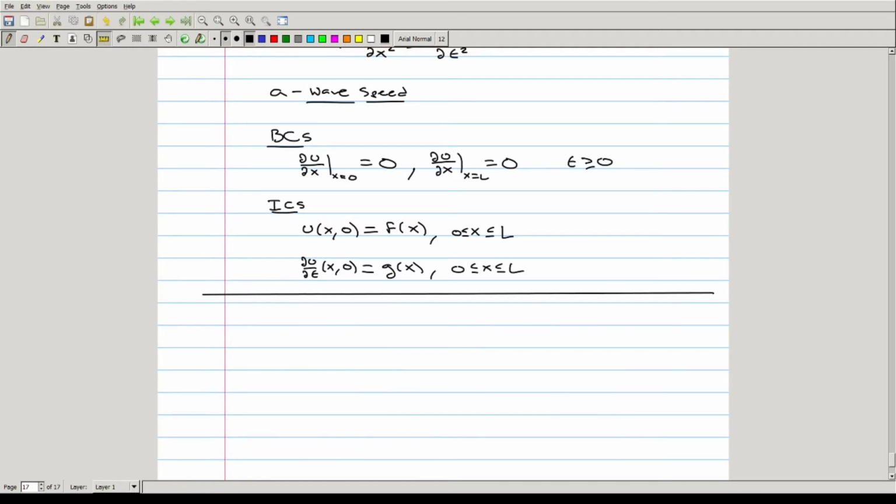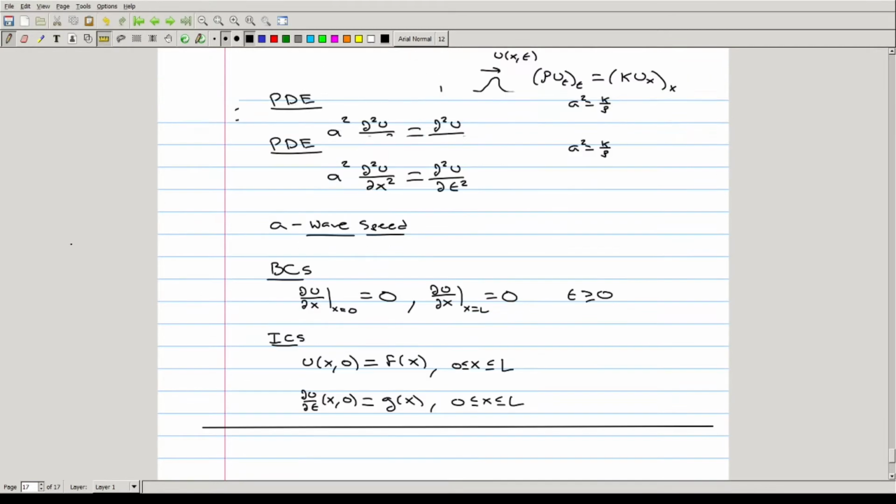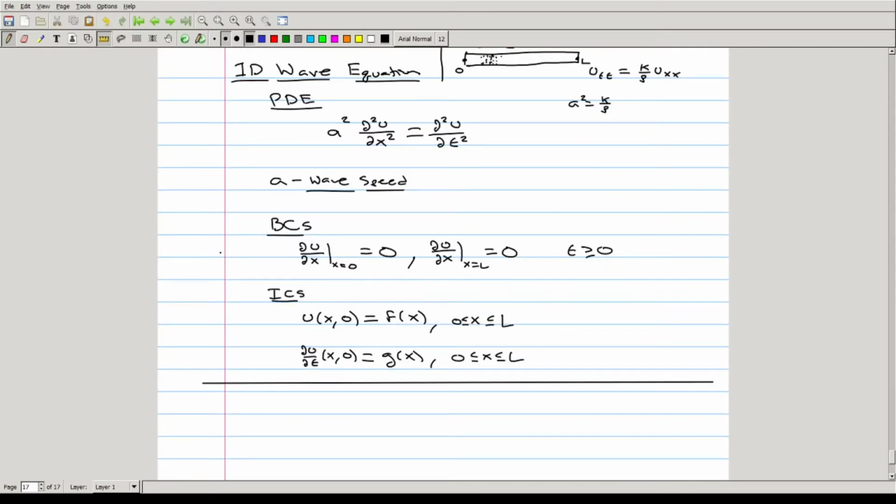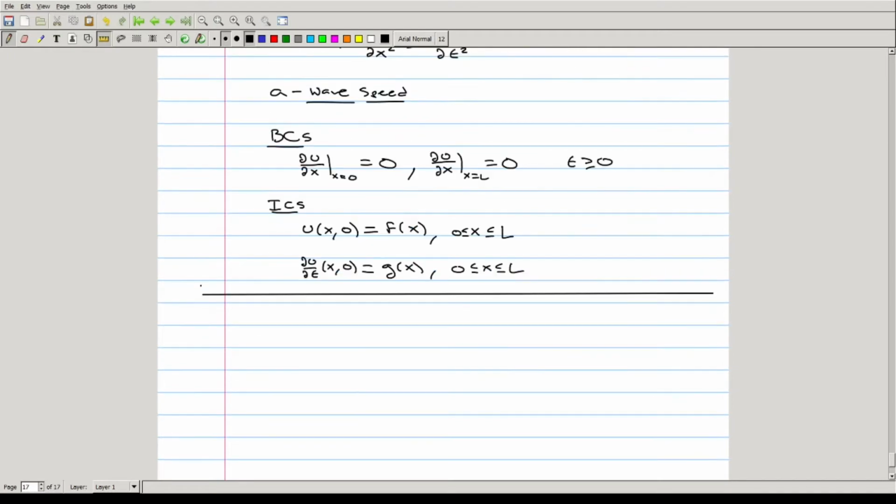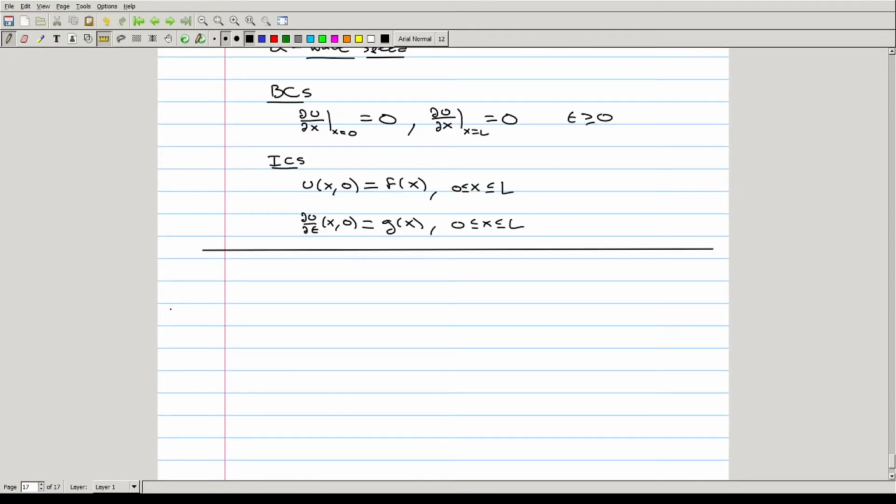And the idea is pretty much exactly the same as before. But we're going to see we'll get a difference in the t equation, which we'll still be able to solve.